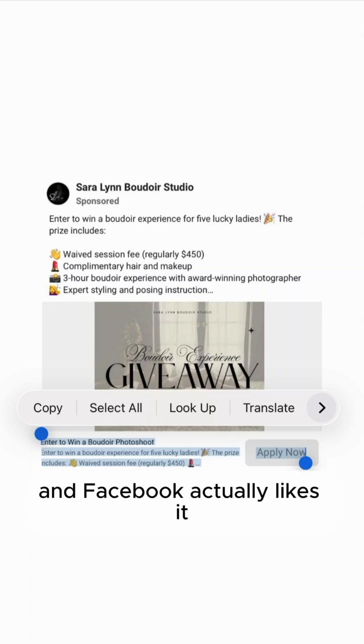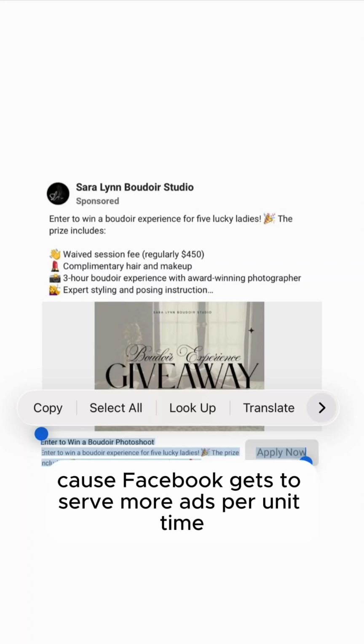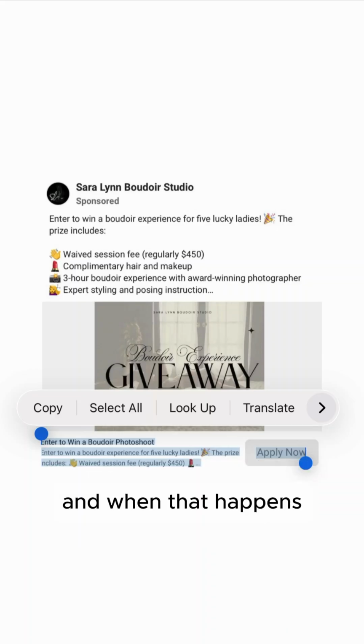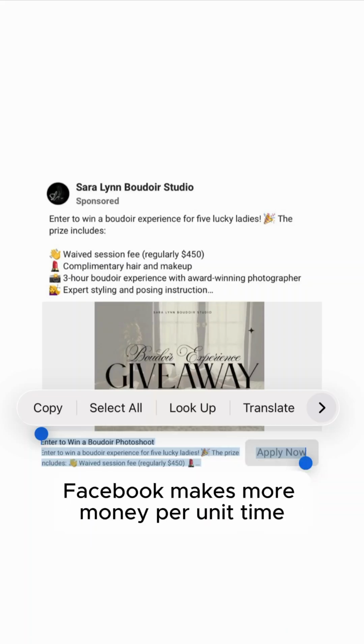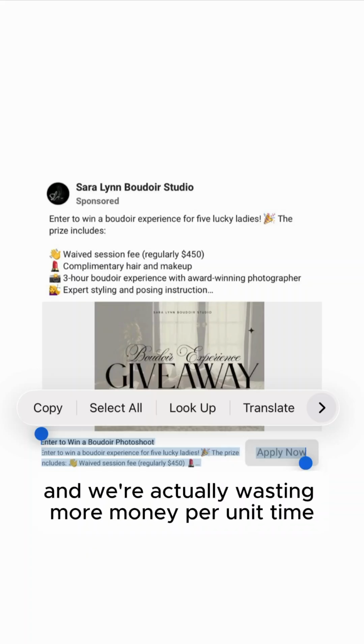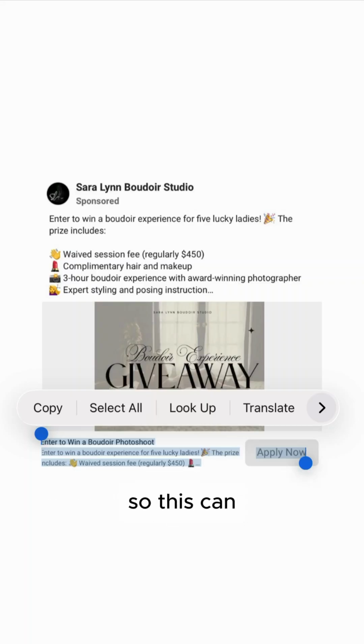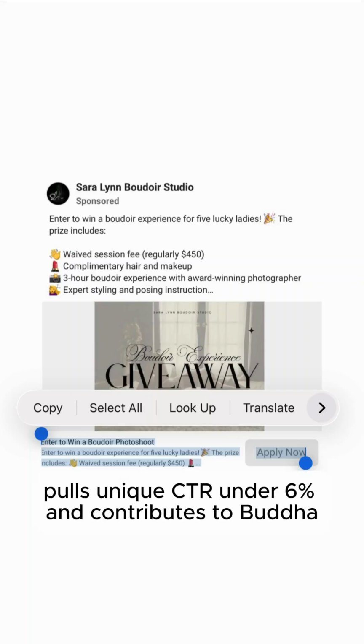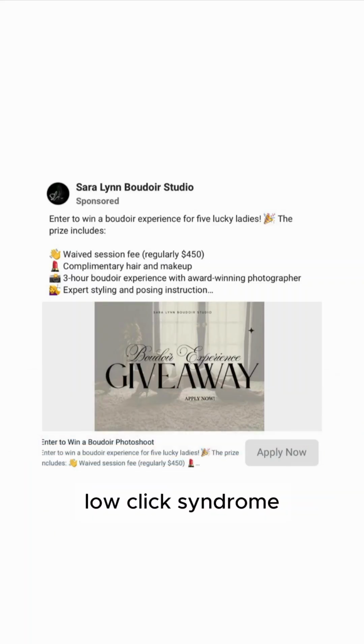And Facebook actually likes it because Facebook gets to serve more ads per unit time. And when that happens, Facebook makes more money per unit time. We make less money per unit time, and we're actually wasting more money per unit time. So this pulls unique CTR all under 6% and contributes to Boudoir low click syndrome.